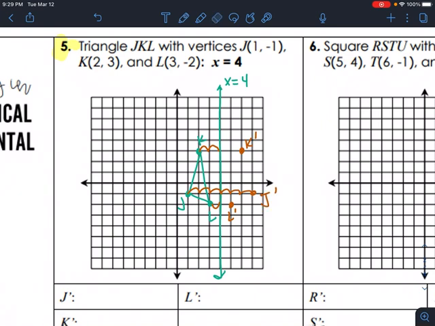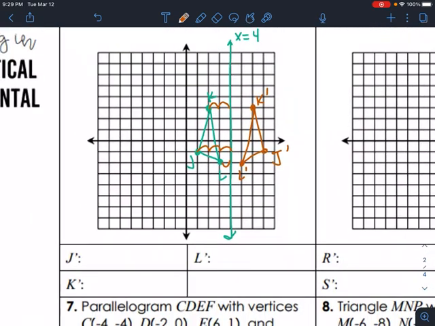Then I'm going to erase that. Oops, that is ugly. Let me try that again. That's better. Now there's my new triangle, and here are my points: (7, -1), (6, 3), and (5, -2).